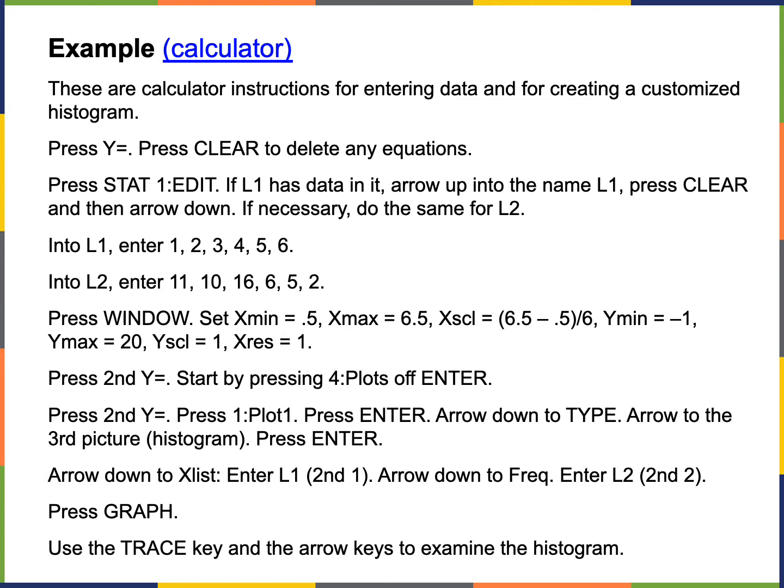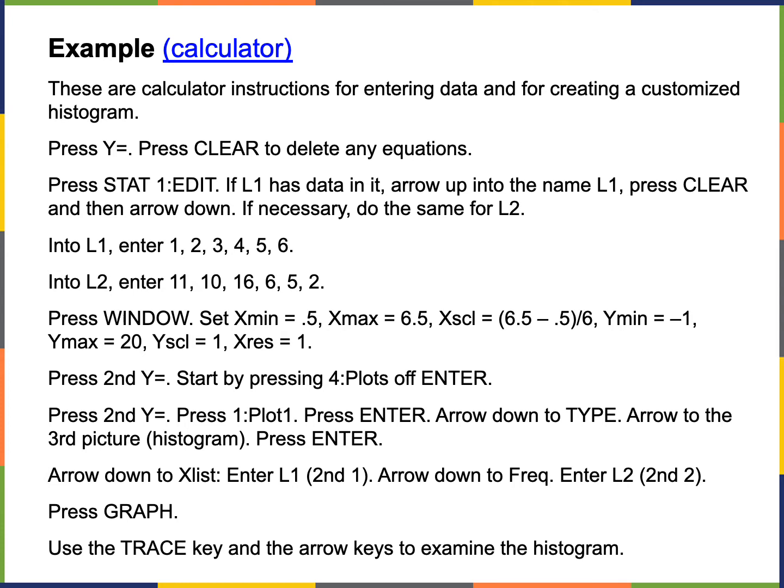If it has data, then press clear and then arrow down, and if not, then we just enter the data here. This is the frequency. List 2 is the frequency of 1. So 1 occurs 11 times, 2 occurs 10 times, 3 occurs 16 times, right? 4 occurs 6 times, 5 occurs 5 times, and 6 occurs 2 times.